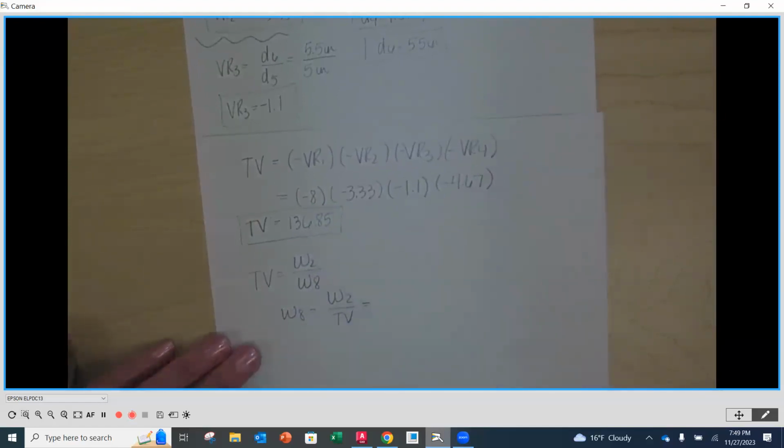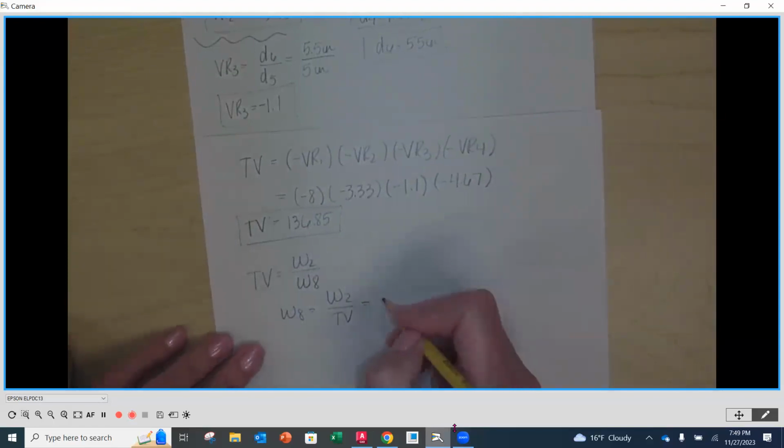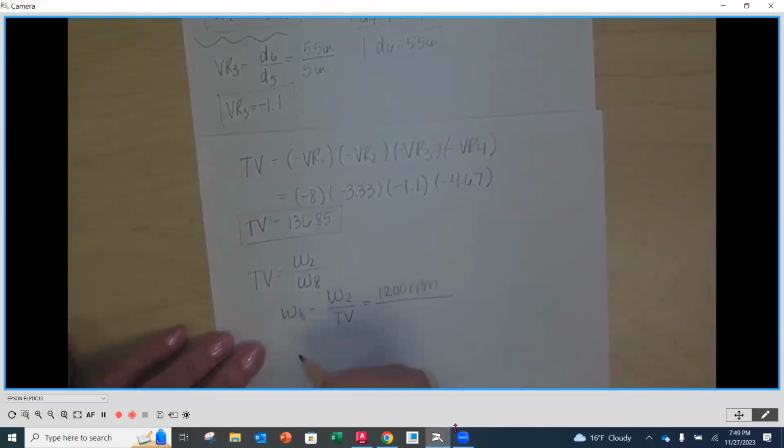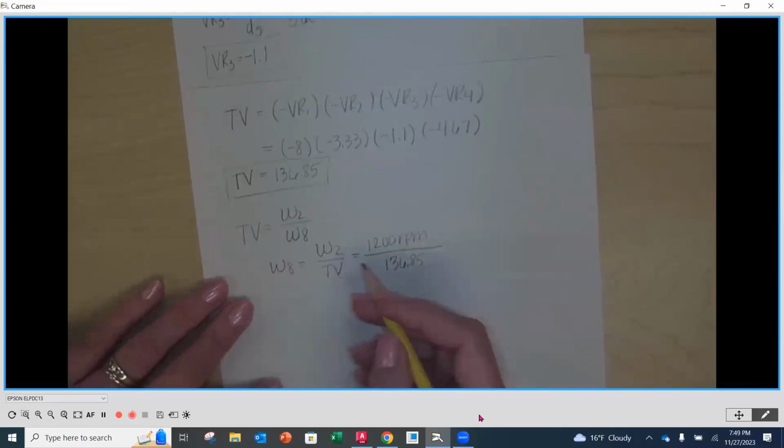So W2 for this problem was 1,200 RPM and was going counterclockwise, divided by 136.85, which is our train value from up top.